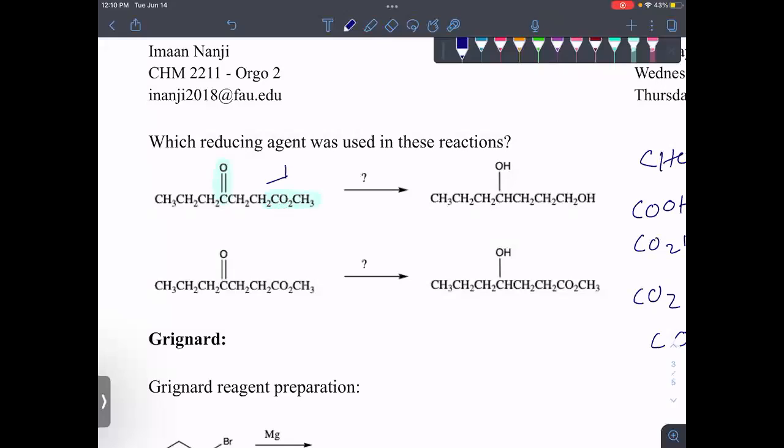So we know it looks like this. And then on the other side of the arrow, our final product, what functional groups do we have? Yeah, so we just have two alcohols. Knowing that in the first one we had a ketone and ester, and on the other side we have two alcohols, what does that tell you?